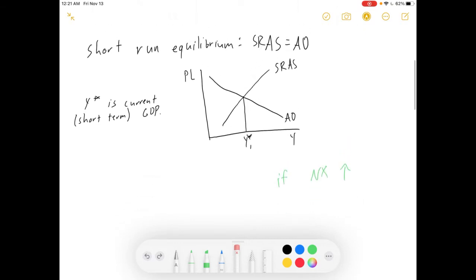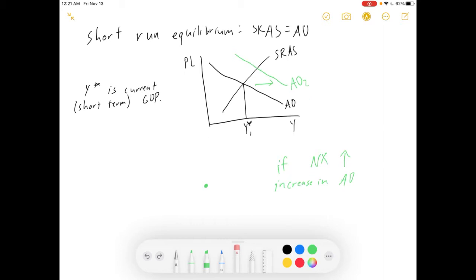Okay, so let's look at what happens in this economy if net exports changes, or anything else that could affect aggregate demand. Net exports changes, that's an increase in aggregate demand, so we'll draw that by shifting the aggregate demand to the right. Now when we do, if we really wanted to go back and think of our aggregate expenditures model, the aggregate demand is aggregate expenditures, the short-run aggregate supply is the actual production and output.